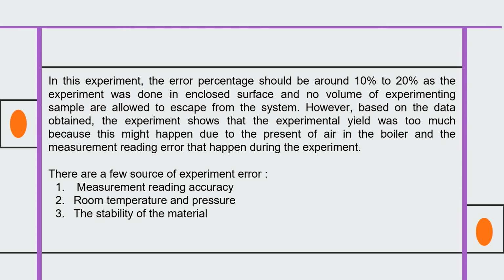This might happen due to the presence of air in the boiler and measurement reading error during the experiment. There are a few sources of experimental error. Firstly, measurement reading accuracy. Secondly, room temperature and pressure. And finally, the stability of the material.